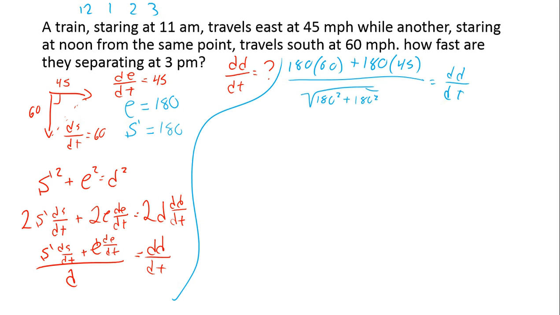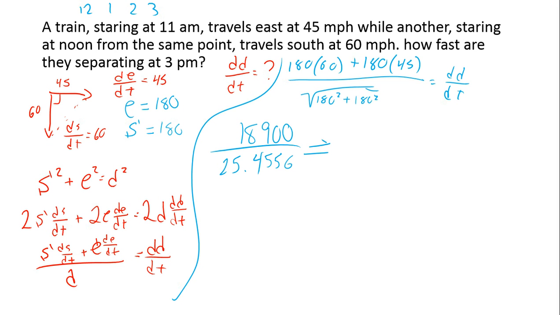And now from here we'll simplify, condense everything, put it all together. We end up getting something close to about, the top ends up being about 18,900. The bottom is about 25.4556, something like that. Approximately, somewhere around there.